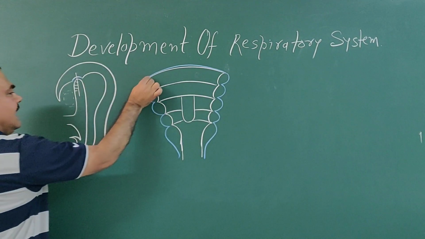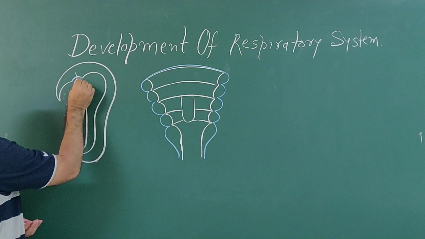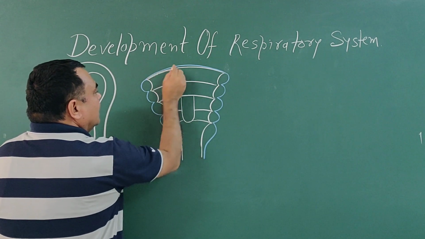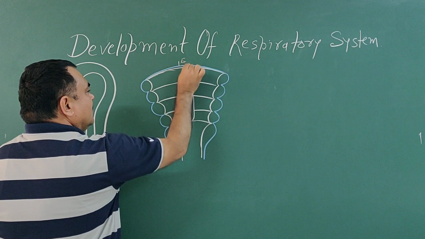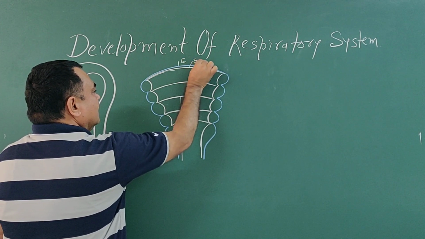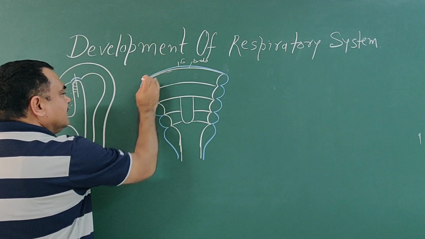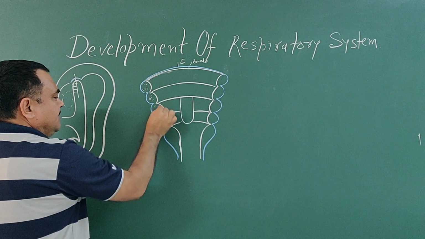This is the ectodermal lining, and the inner lining is endodermal. And between these two linings, ectodermal and endodermal, this is mesodermal.